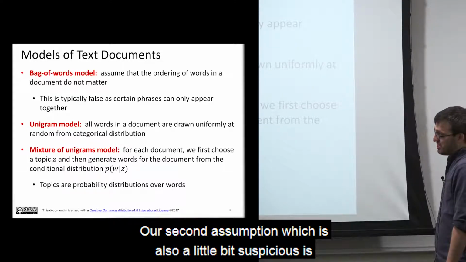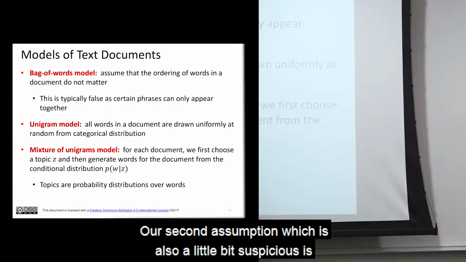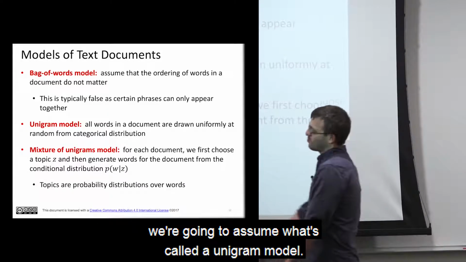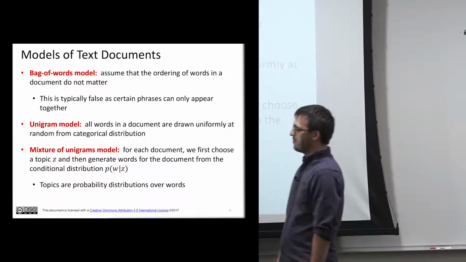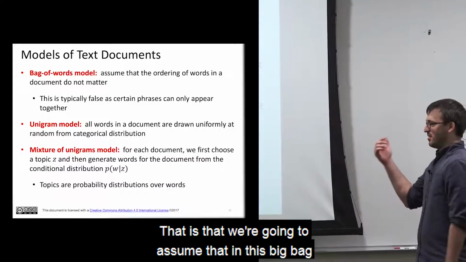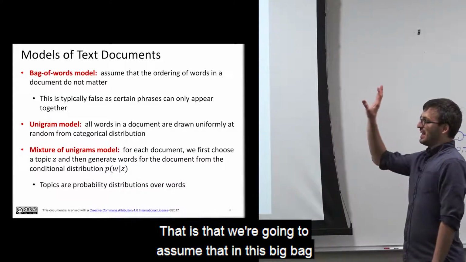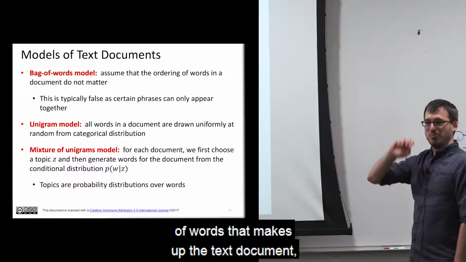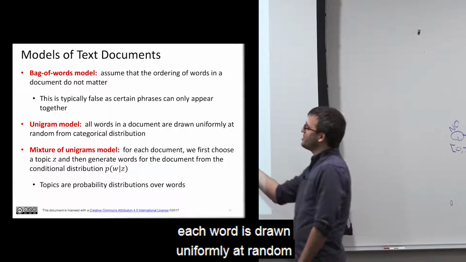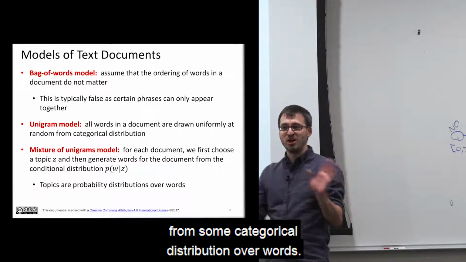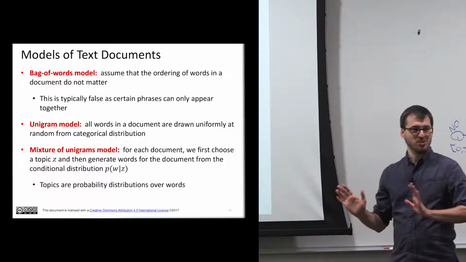Our second assumption, which is also a little bit suspicious, is what's called a unigram model. That is, we're going to assume that in this big bag of words that makes up a text document, each word is drawn uniformly at random from some categorical distribution over words.